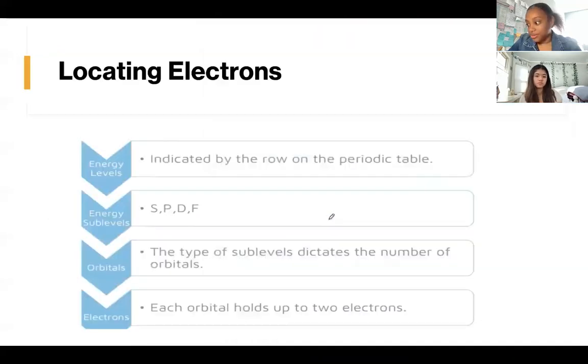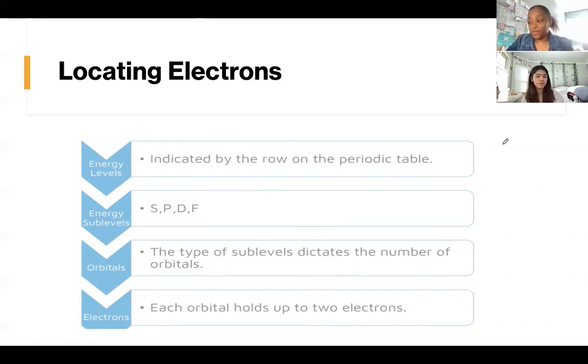All right, so we're going to go step by step when we're learning about electron configuration. We're going to go by locating electrons first. When you're locating electrons, we will go through four different levels, four different steps. The first level is the energy level, which is indicated by the row of the periodic table, and I'll show you that.